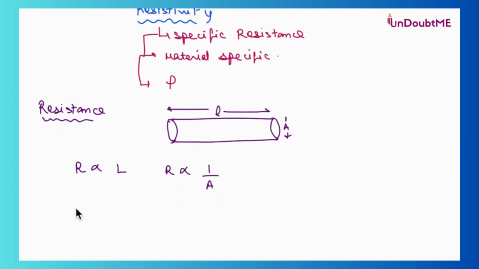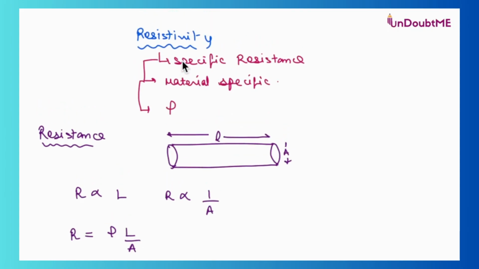When we combine them, we remove the proportionality, so we can say that R is equal to rho L over A, where L is the length of the conducting wire, A is the area of cross section, while rho is the resistivity. Okay, so this is how we use resistivity in the resistance formula.